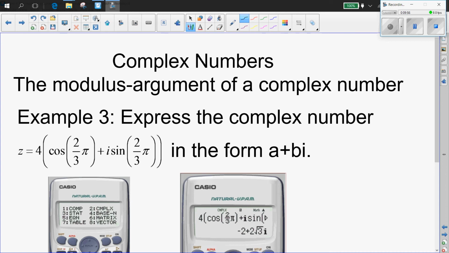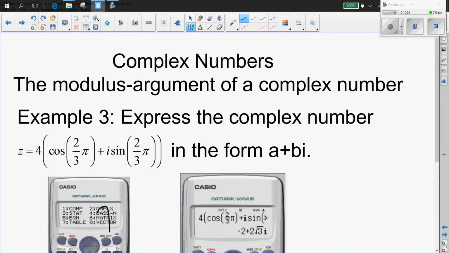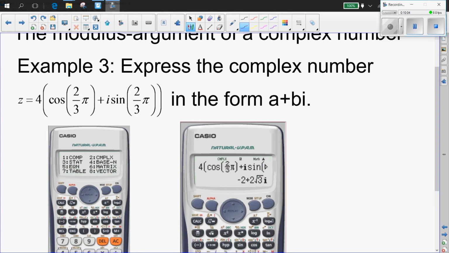If you press the mode button and get to the complex mode, you can see your calculator is in complex mode and in radian measure. Then all you do is enter this expression into your calculator, press equals, and you see that in the form a plus bi, the value is minus 2 plus 2 root 3 i.